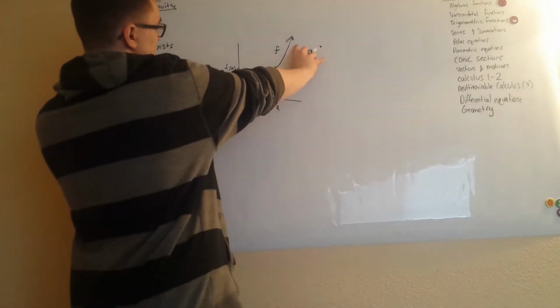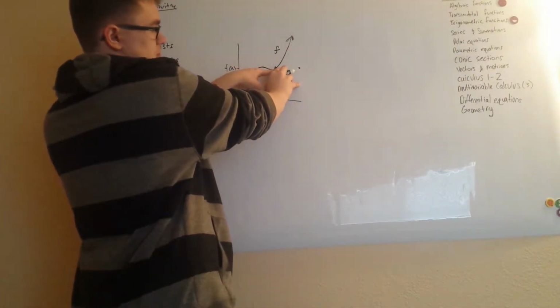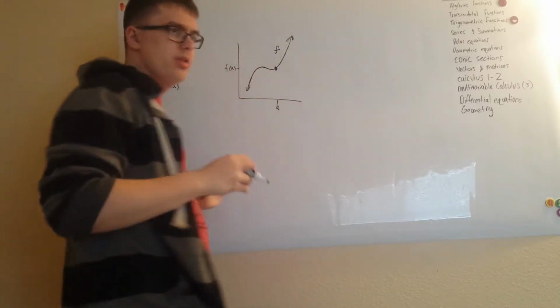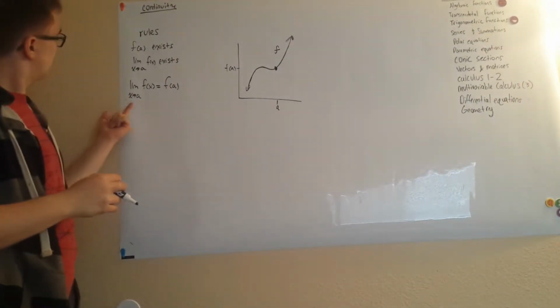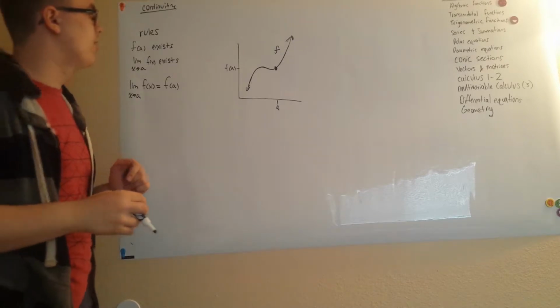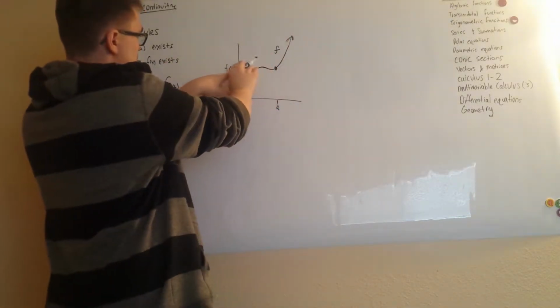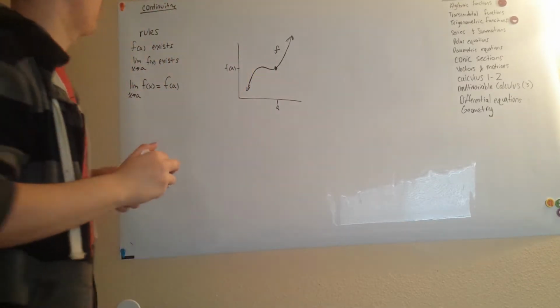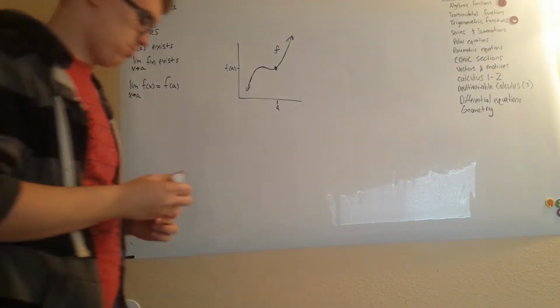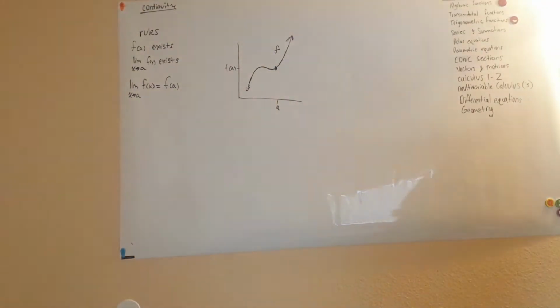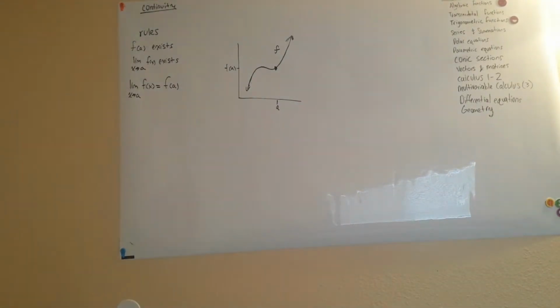Well, let's see. Yeah, it sure does. And does the limit equal f of a? Oh, it does equal f of a. Then it's continuous. So that's the definition of continuity at a point.